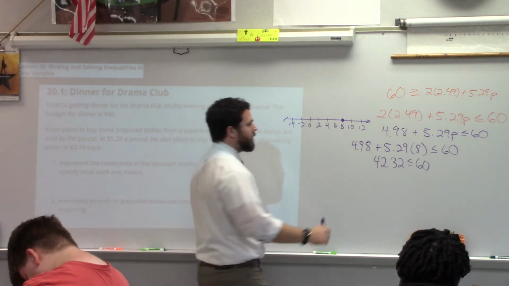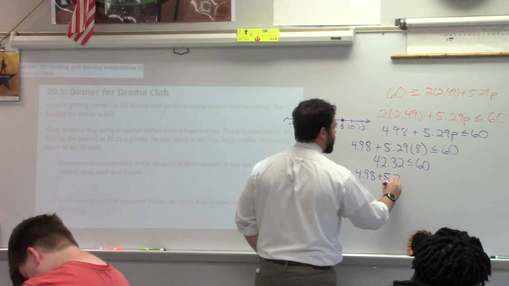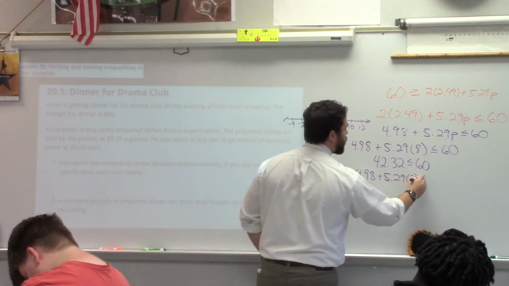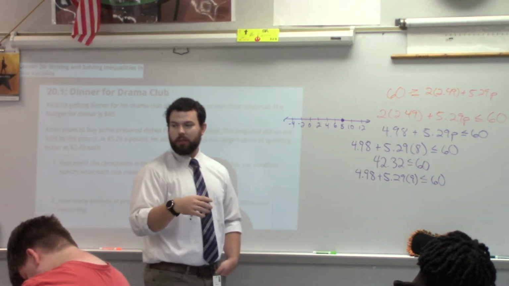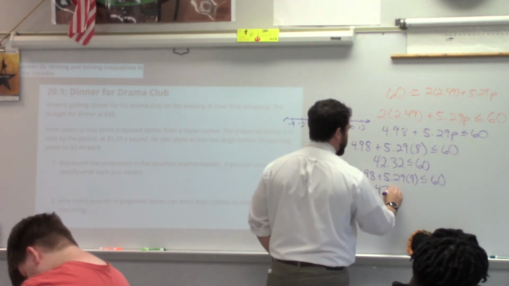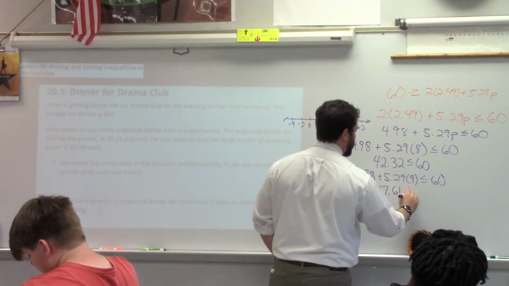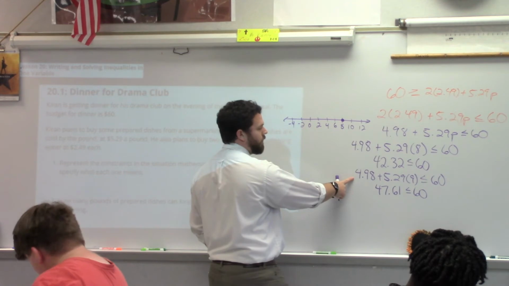You did try 9, and when you substituted 9 in, what did you get? So remember, this is one of the beauties of these calculators. The memory function is you can just scroll up if you don't delete it. Did you add the 4.98 to that?